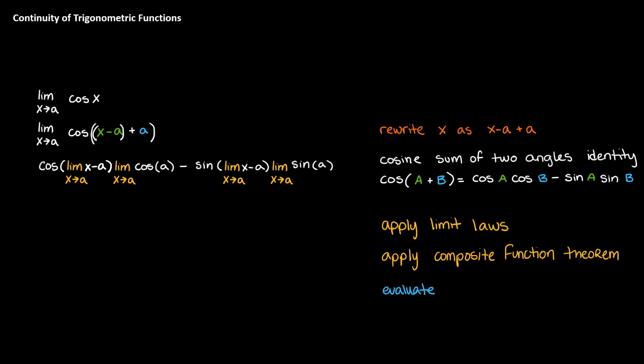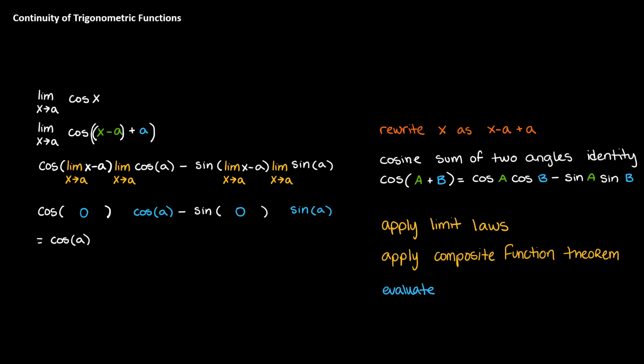Now we're ready to evaluate. Evaluating each limit one at a time. And then simplifying. We just showed that for any a you can imagine, the limit of x approaching a for the function cosine x will always be equal to cosine a.